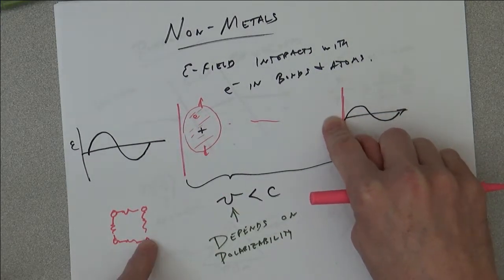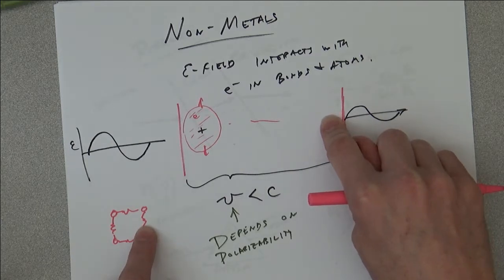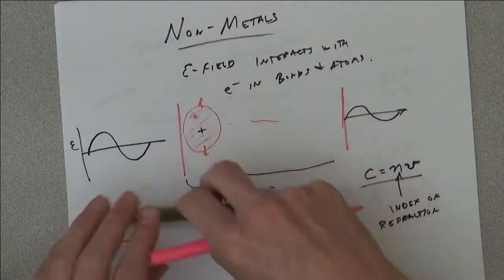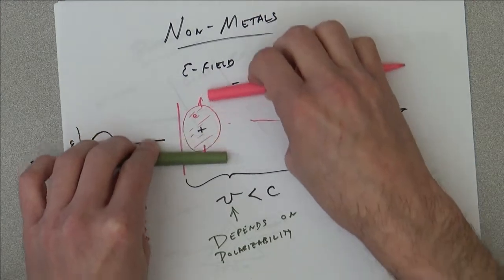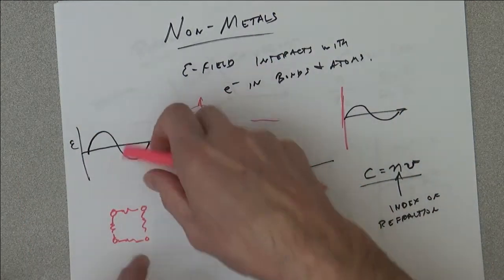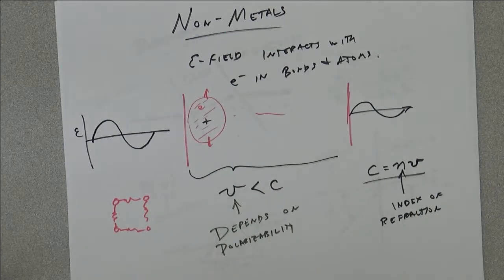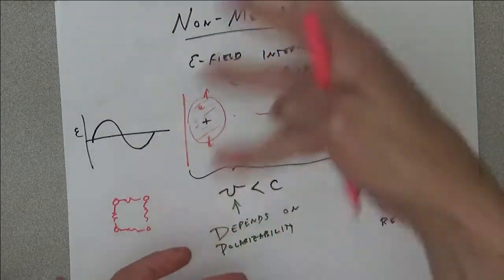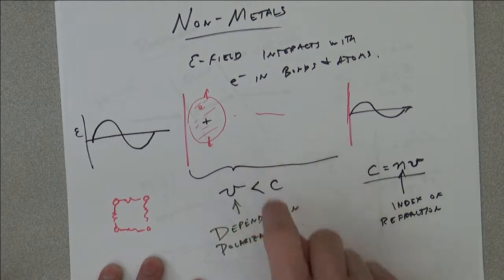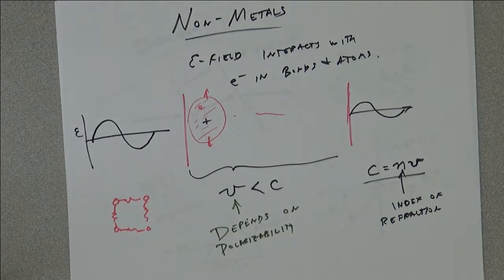If you have sloppy springs that are weak, meaning it's relatively easy to pull these masses apart, you can imagine that passing a wave, whether it's an elastic wave or electric field, is going to be relatively more difficult.